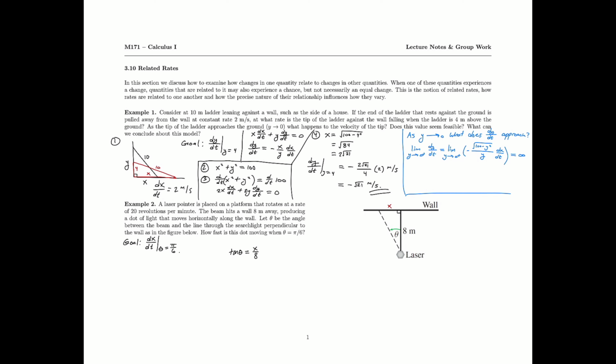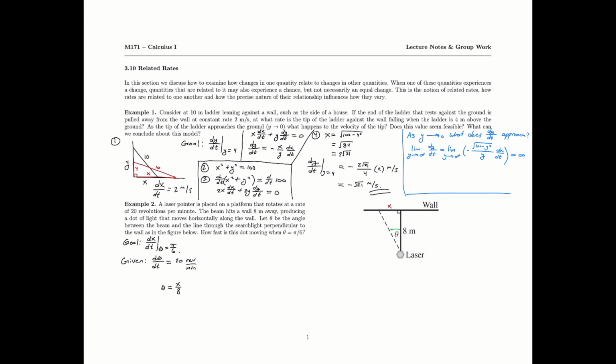We are given our rate of change of theta is 20 revolutions a minute. But we have to be very careful here. It's very tempting to say this is equal to 20 revolutions per minute, but the units on this side are not equal to the units on this side.